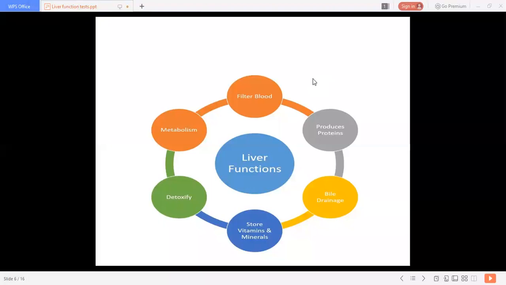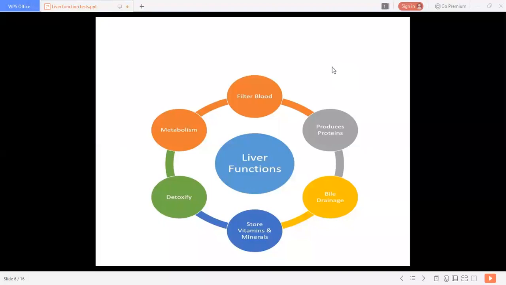In the liver, this enzyme alkaline phosphatase is contained in the microvilli of the bile canaliculi and the sinusoidal surface of the hepatocytes. Elevation in the levels of this enzyme indicates a disorder of the liver, and also one more organ. It is also helpful to diagnose the disease of a particular organ other than the liver.